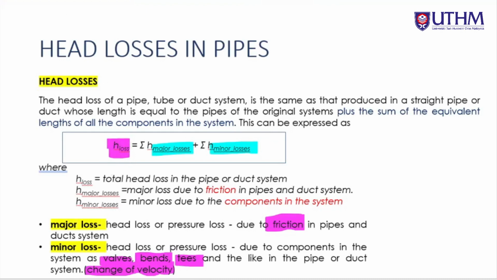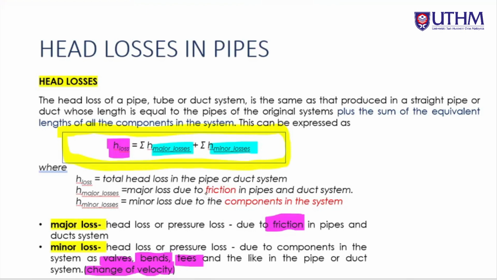So, yang ni benda penting yang you guys need to take note. The total head loss in the pipe system is equivalent to the summation of major losses plus the minor losses. What is major losses?